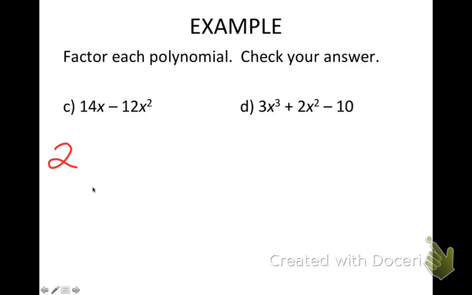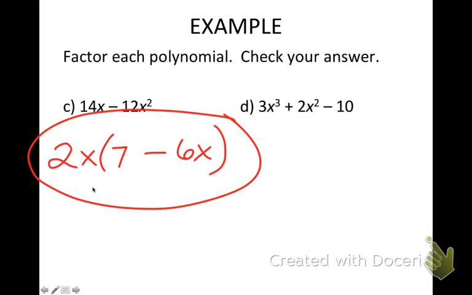You always take out the smallest. So 2x goes out in front. All right. 2x times what is 14x squared? 7. Good. Bring down your minus. 2x times what is 12x squared? 6x. Done. You can always check your work by redistributing it and making sure you get back to where you started.